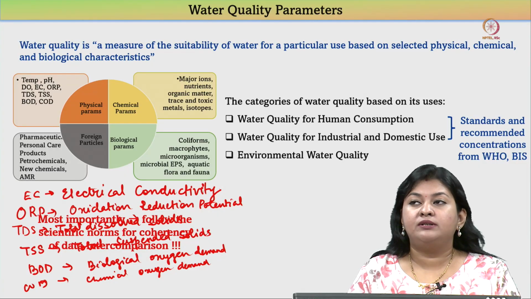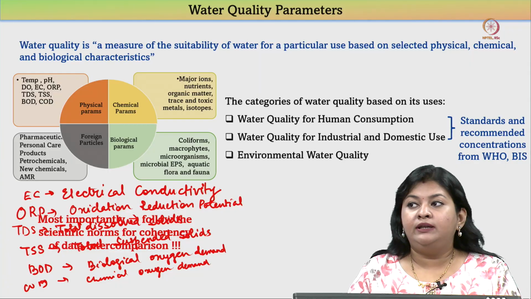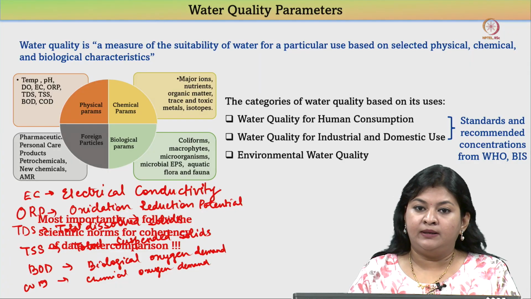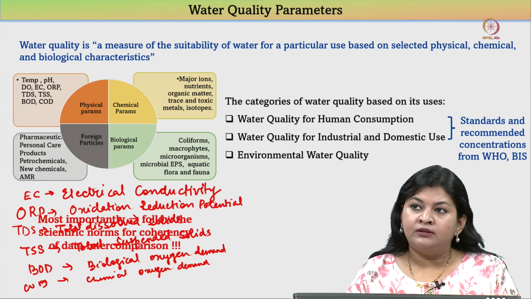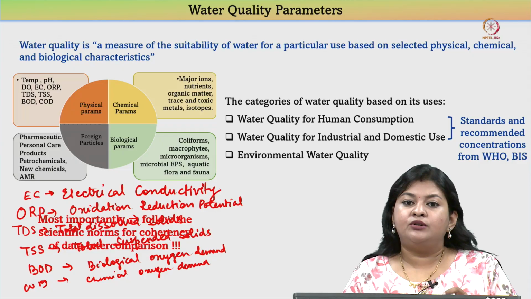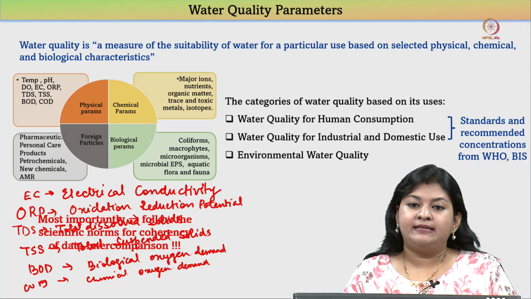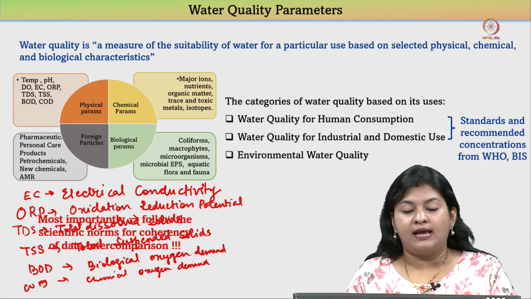You need to be cognizant about all the international norms, all the national norms, and you need to set your method accordingly. For instance, it is normal to just filter the water through a 0.22 PES membrane and then measure it for trace element analysis.